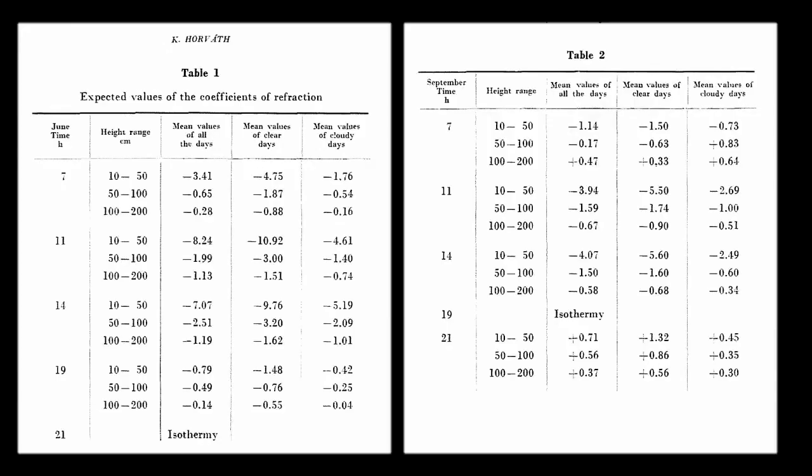Note the reality of high negative K values for midday listed in tables 1 and 2 in the 1969 paper, as high as minus 1.62 for a height of 1 to 2 meters above the ground.